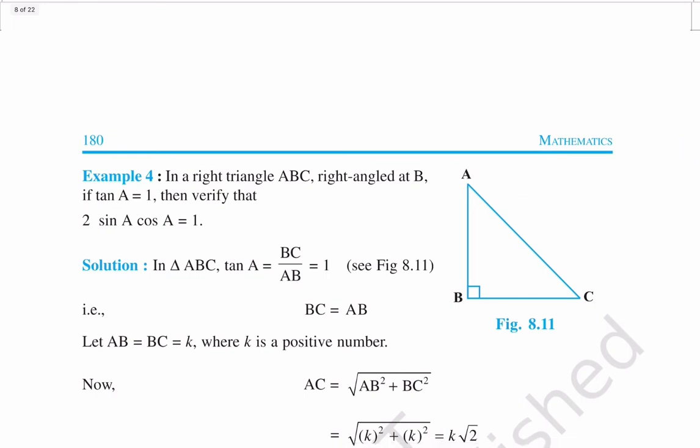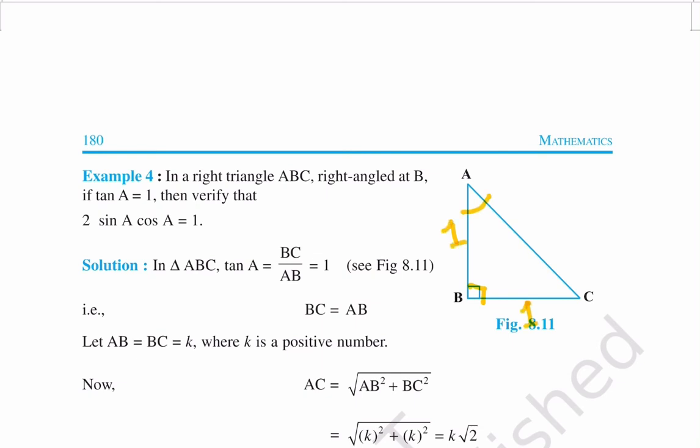Now example 4: in a right angle triangle ABC, B is right angled. If tan A is equal to 1, then verify that 2 sin A cos A is equal to 1. So tan A is equal to 1, that means this value and this value are equal to 1. This is tan A, so this will be the perpendicular and this will be the base.